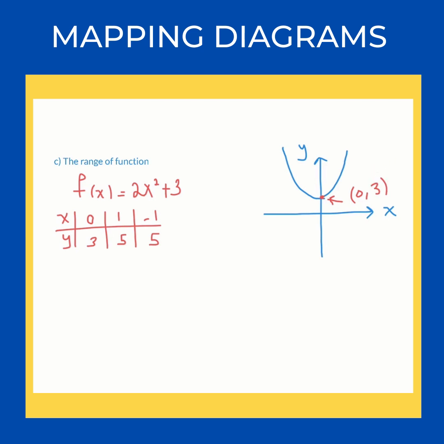So the range of values of y is greater than or equal to 3. The minimum value of y is 3 and the values of y start increasing, so it's greater than or equal to 3.